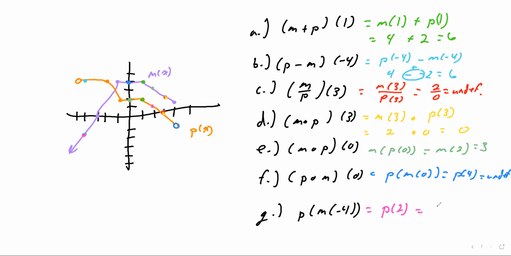So the answer here is, so I went to negative 4. Oh, almost messed up there. That's negative 2. So I need to go to negative 2 now. And then when I go to the p, which is right here, the answer is 4, not 1. So there's your answer.